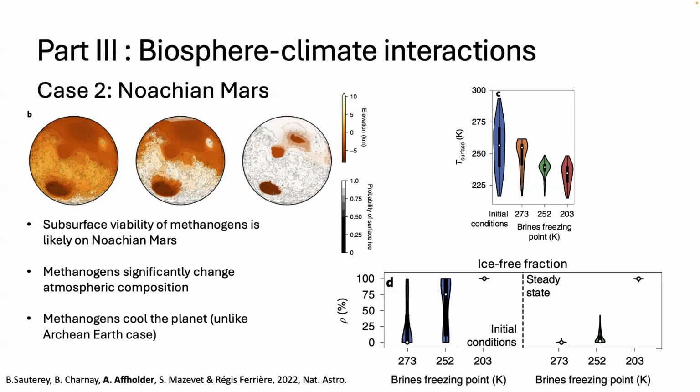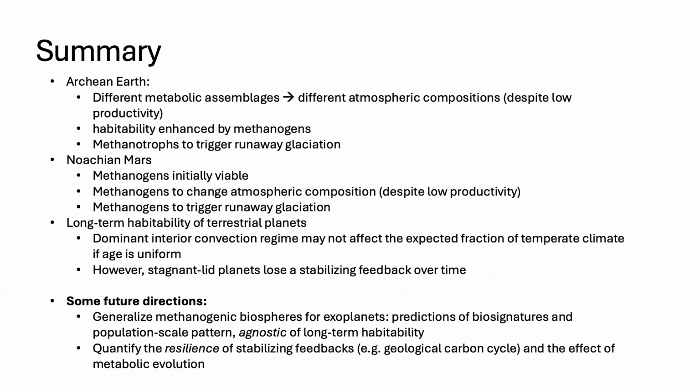Methanogens significantly change the atmospheric composition under our model. So again, the biosignature connection, and they have a kind of negative effect on the climate. So that's also interesting for the role of an early biosphere in the climate stability of early planets, maybe.